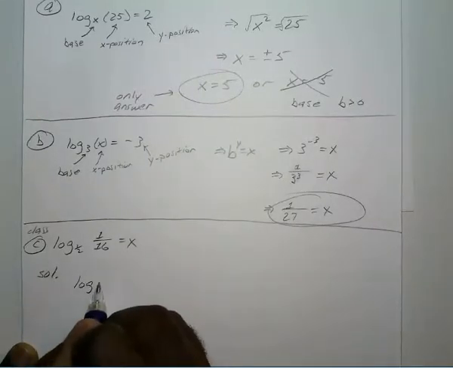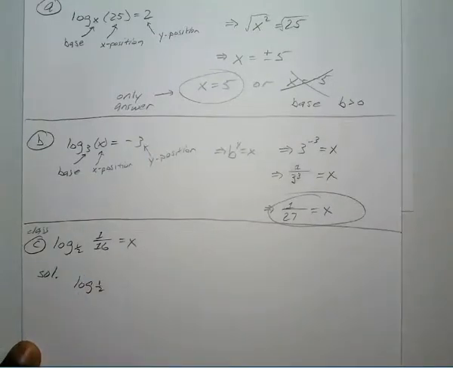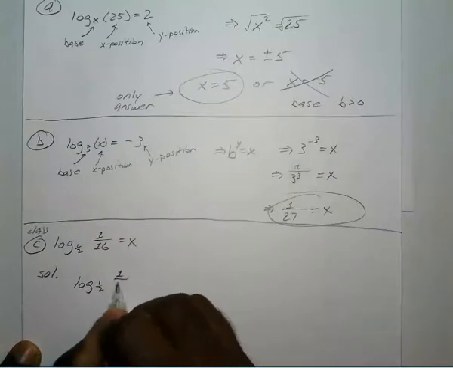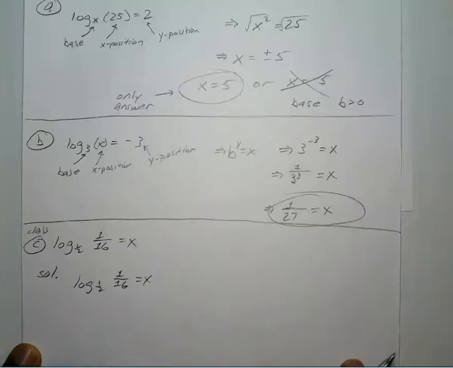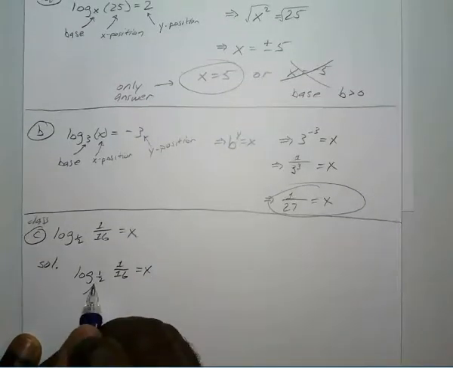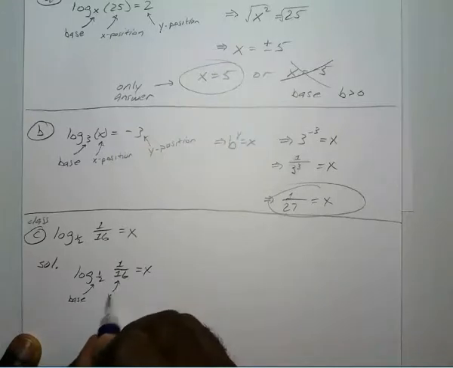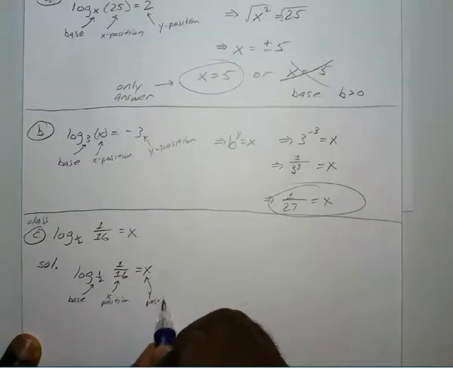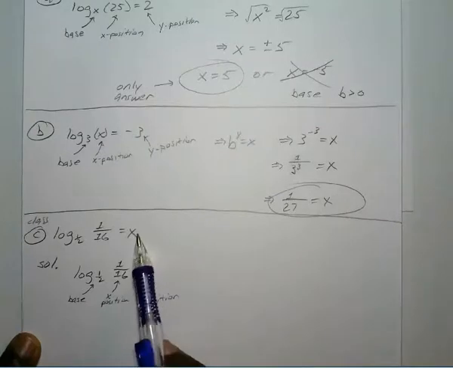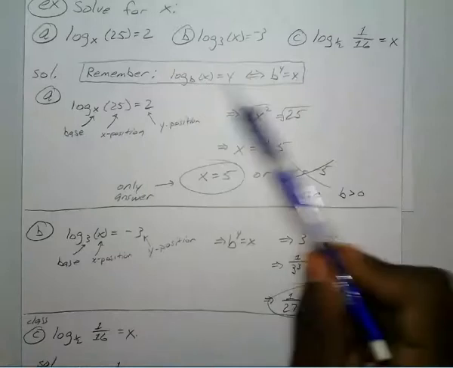Okay, so we have log of base 1/2. And if you want to put parentheses around the 1/16, you can. You just don't have to. So 1/16 equals x. So just like before, we have our base, we have our x position, and we have our y position. And again, if you wanted to change that to y just to match up with this up here, you can.